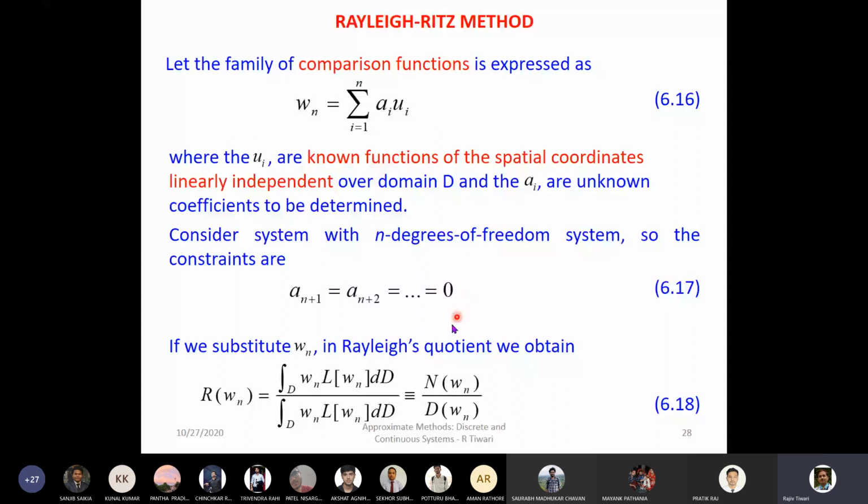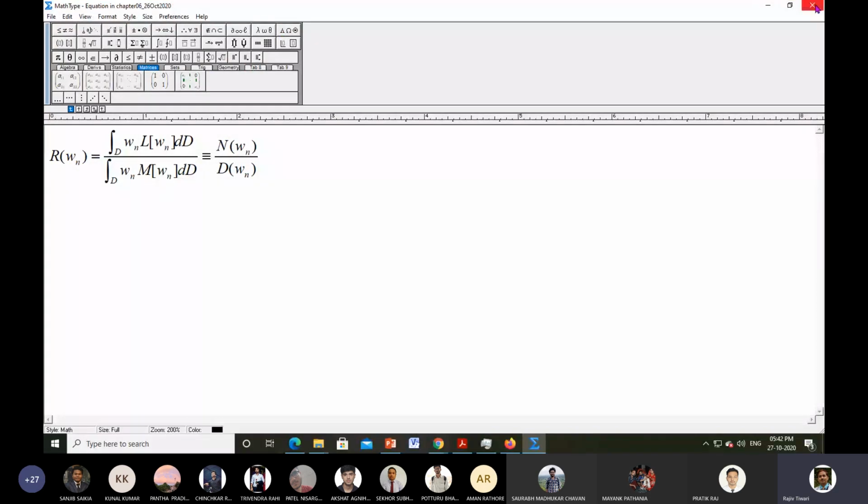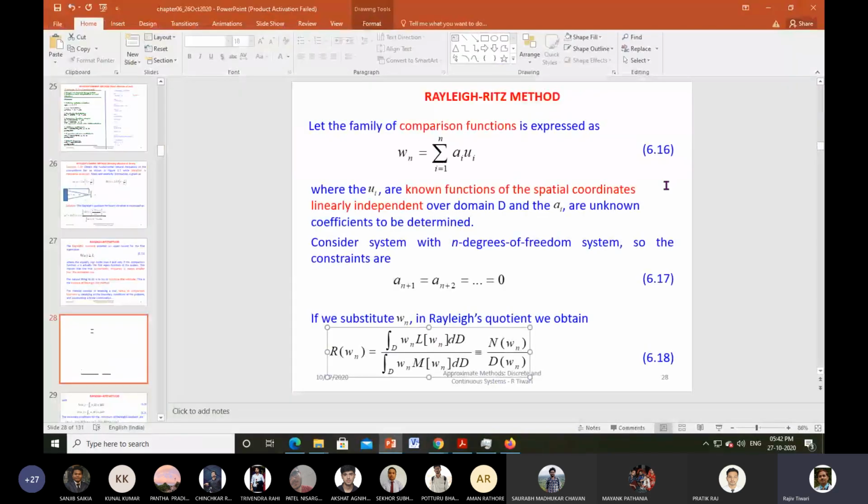Now the Rayleigh's quotient which we had earlier is again in the eigenvalue form, not in the energy form. So you should be very careful. Whenever the L operator, M operator is there, that is related with the eigenvalue of the problem.